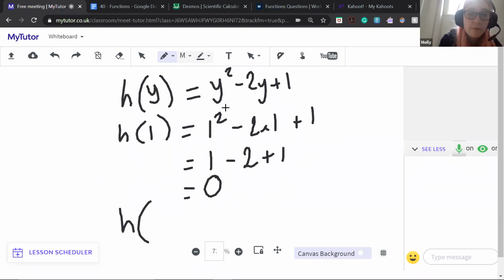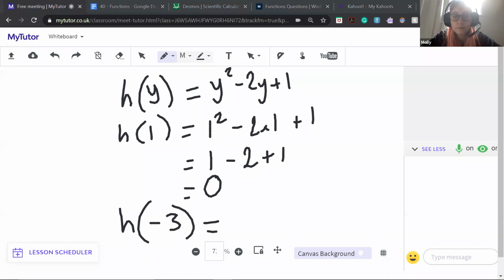What about h of minus 3? What will that give us? Okay, a few people getting this one, some people finding this one a bit trickier.